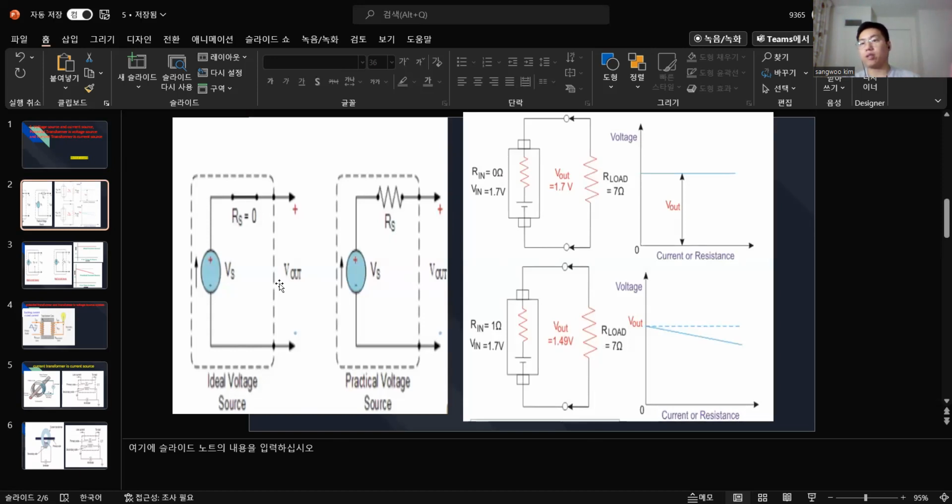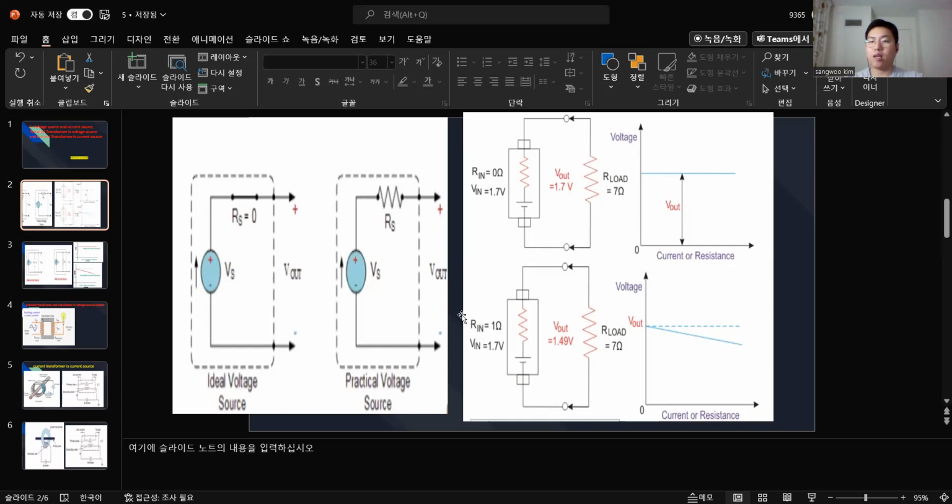It's an ideal voltage source, so inside the voltage source there's no resistor. You know what I mean? But that's ideally; practically, there's some resistor.